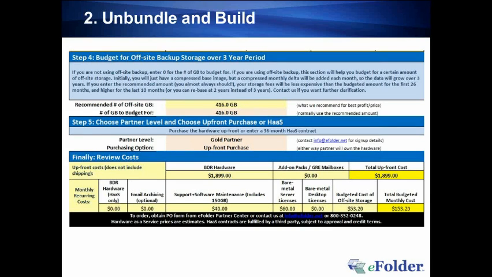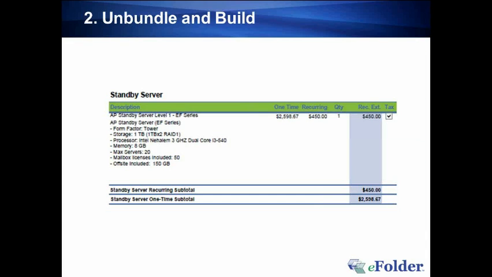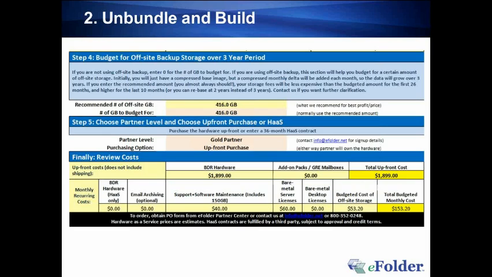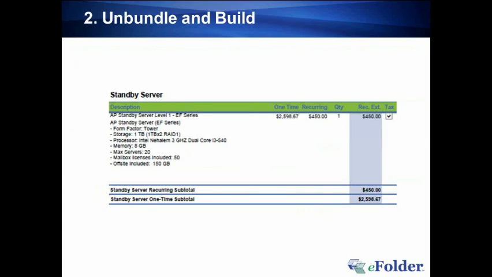So just to give you a quick example, in this particular scenario, he used the Cost Wizard to determine that his cost would be, on average, $153 a month. What he turns around and does is his retail charge to his clients is $450 a month, triple his eFolder wholesale costs, and then he charges up front for the BDR appliance, and he positions it as a standby server to the client.